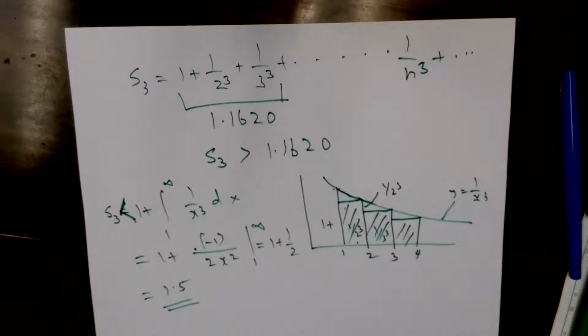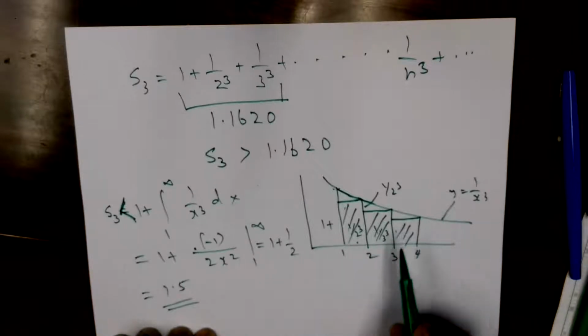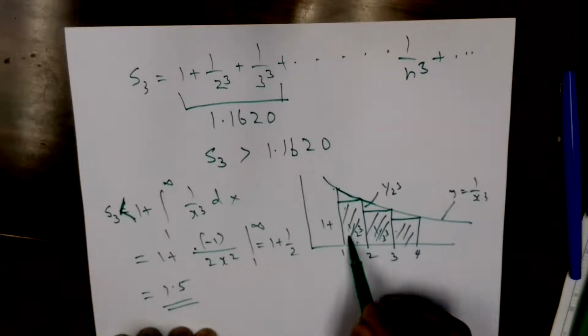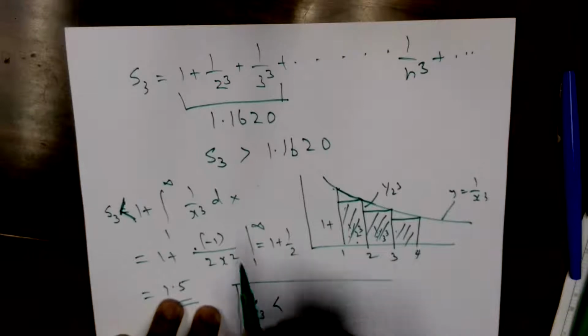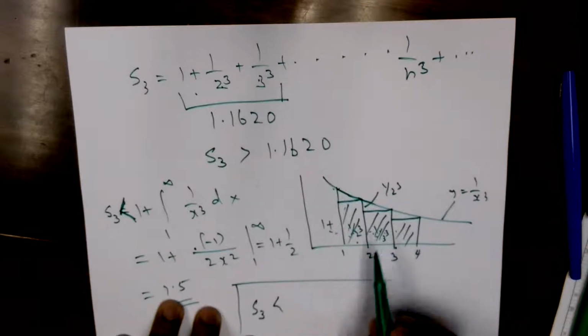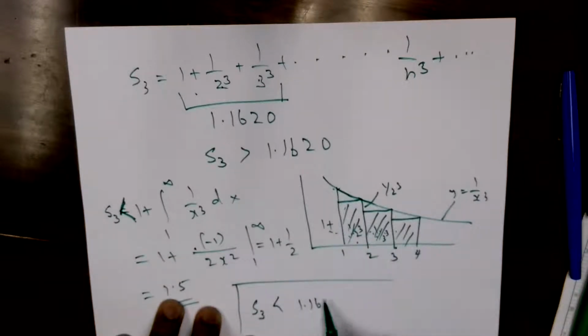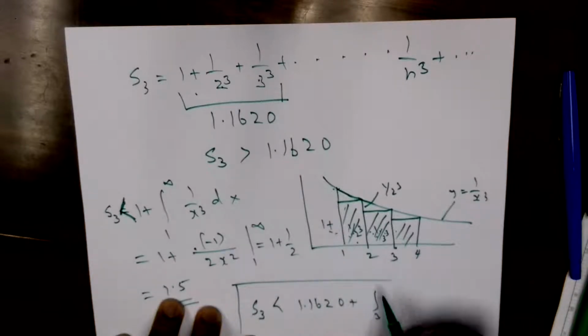So the question is, how do you make this better? Another way to make it better is to add a few terms and do the integration from there. Let's add 3 terms, which we already summed up here. So S3 is less than this plus this plus this: the 3 terms we do physically, 1.162, plus the integral from 3 to infinity of 1 over x cubed dx.